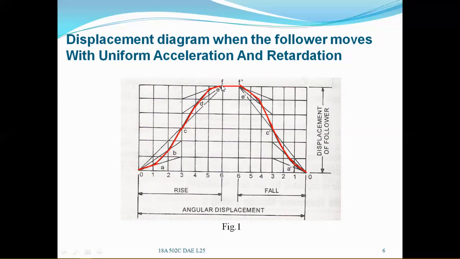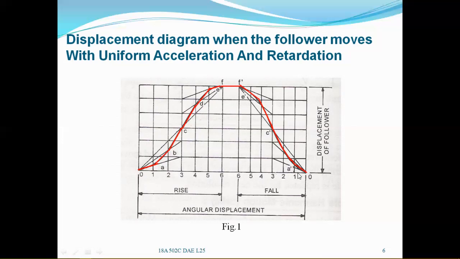So from this point, draw up to this, you will get the fifth vertical line intersecting at this point, say E. And similarly the fourth vertical line will intersect at this point if you draw an inclined line like this. The same procedure is to be adopted for the return stroke also.